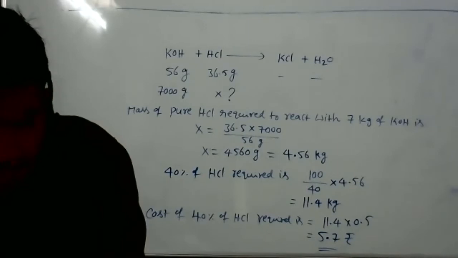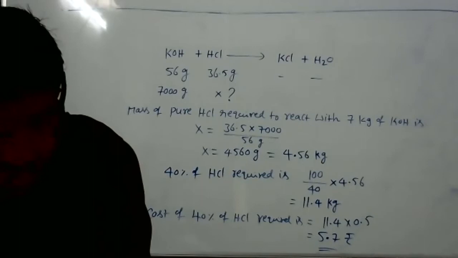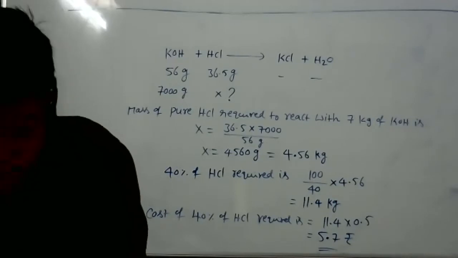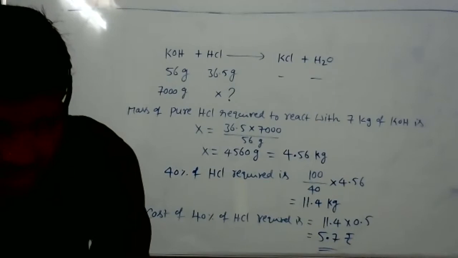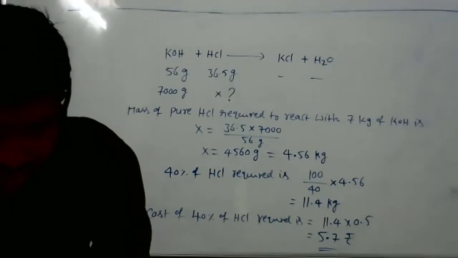Yes, I'll do it. 7,656 grams of H2SO4 required. That is 80% H2SO4, so the cost will be lesser. How much cost? 1.9 rupees. Then the cheapest is H2SO4 only.